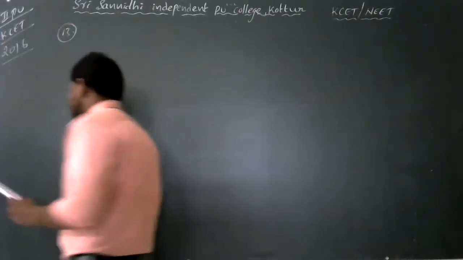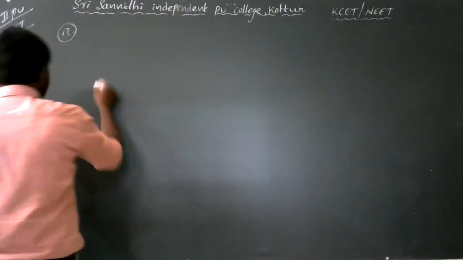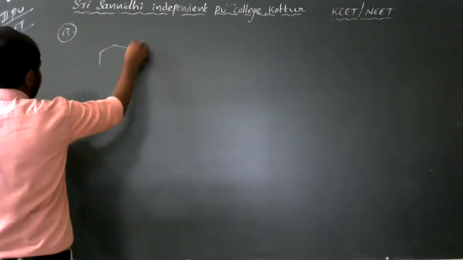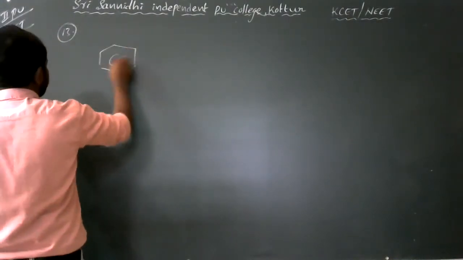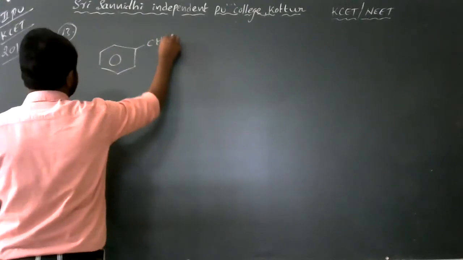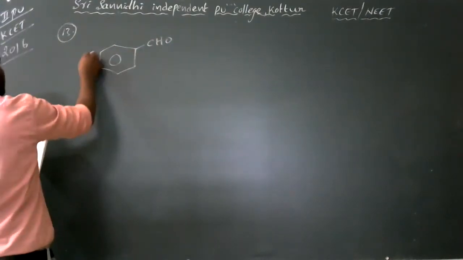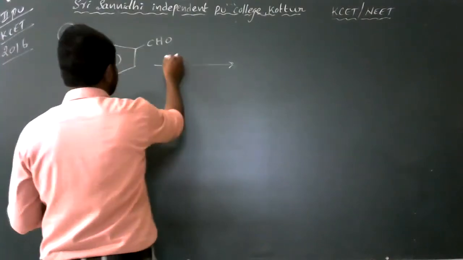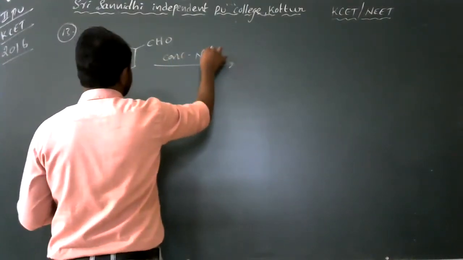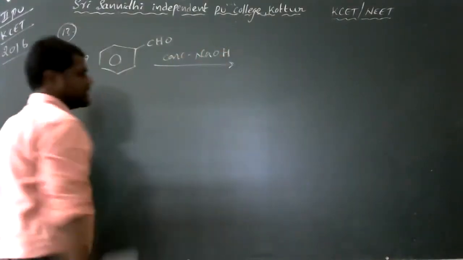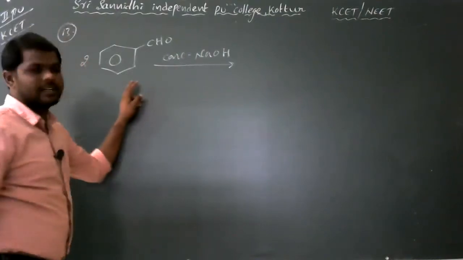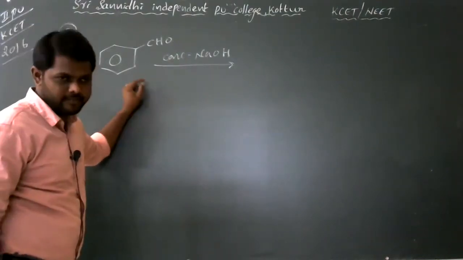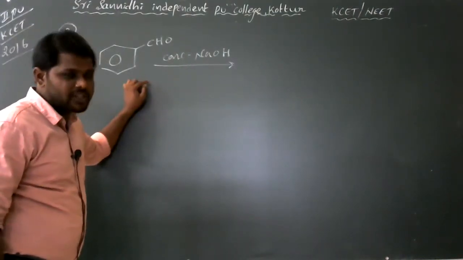What is given? Benzene carbaldehyde, which is also called benzaldehyde. When you take two molecules of this and treat them with concentrated NaOH, concentrated alkali, this reaction is nothing but the Cannizzaro reaction.